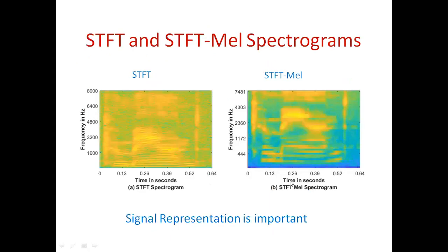That is very clearly visible in this STFT MEL spectrogram. See, at low frequencies, this is the fundamental frequency. This is the first harmonic, second harmonic, third harmonic. So clearly we are able to distinguish them, and similarly the formant structure. But at high frequencies, they all are merged together.